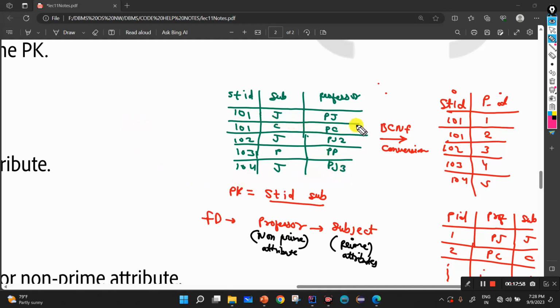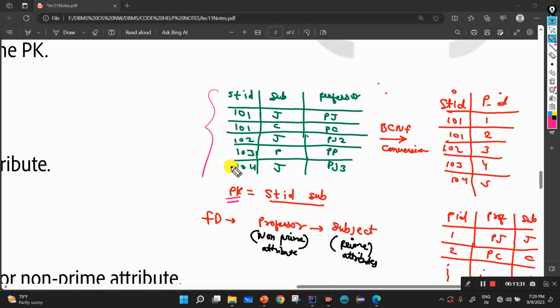Now, what does BCNF say, and when do we have to apply BCNF? You will see student IDs, the subjects Java, C, Python, and the professors PJ, PC, PJ2, PP, PJ3.